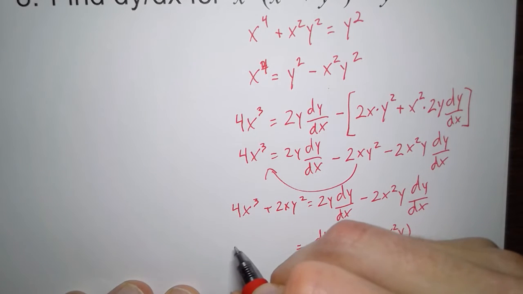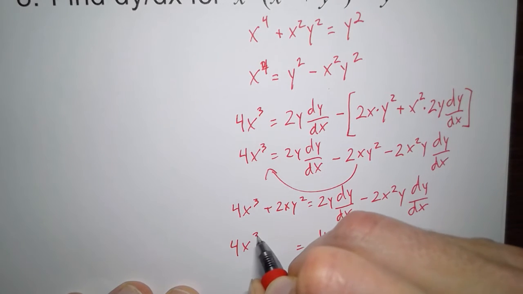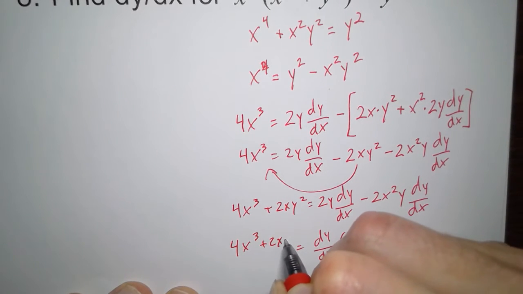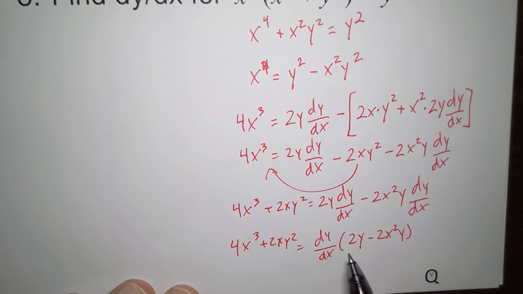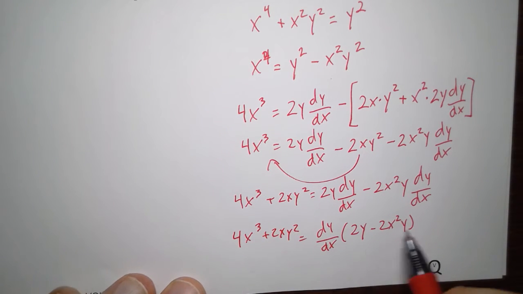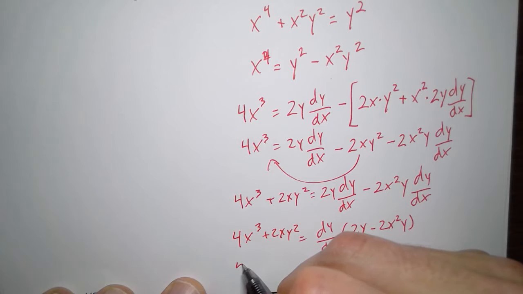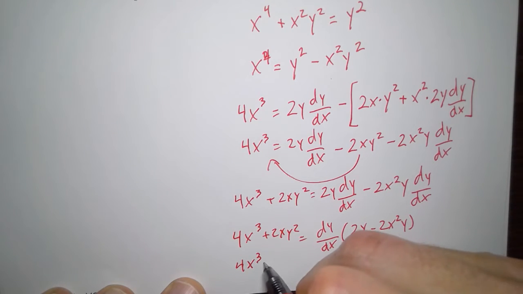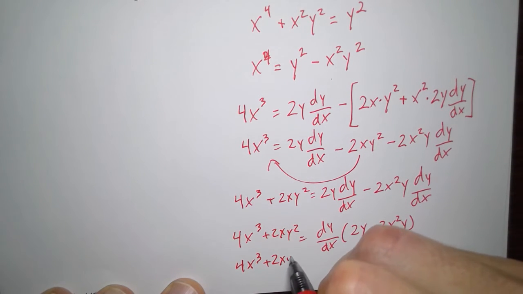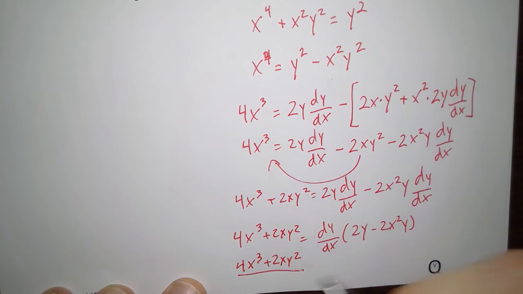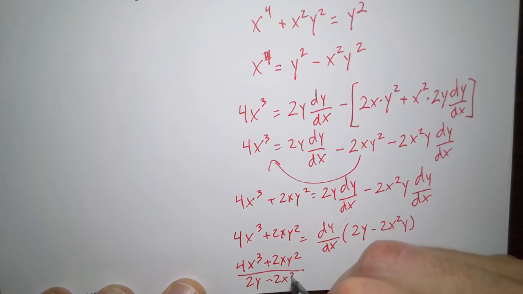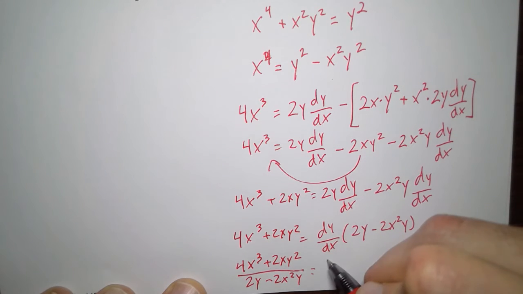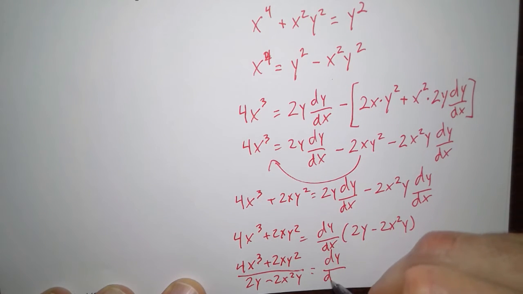And on the left, we're still left with 4x cubed plus 2x y squared. So to get dy/dx by itself, we will divide this quantity. So 4x cubed plus 2x y squared all over 2y minus 2x squared y equals dy/dx.